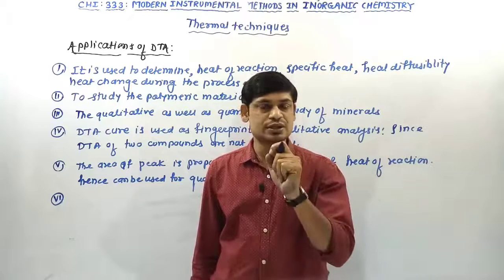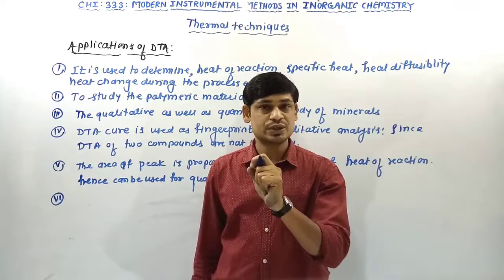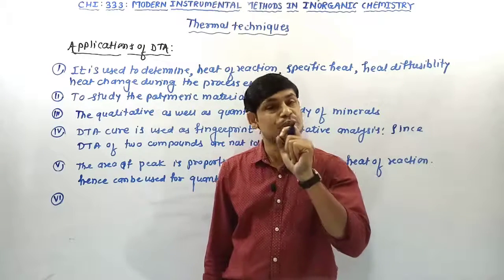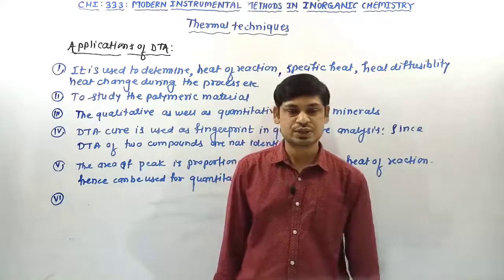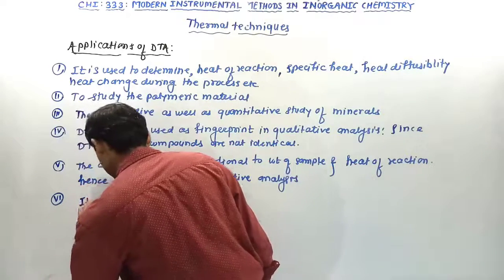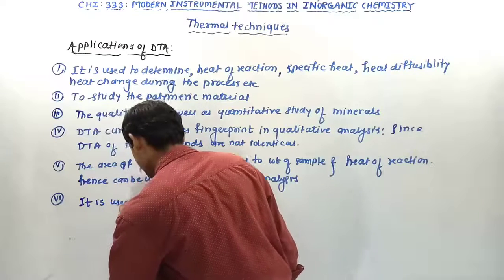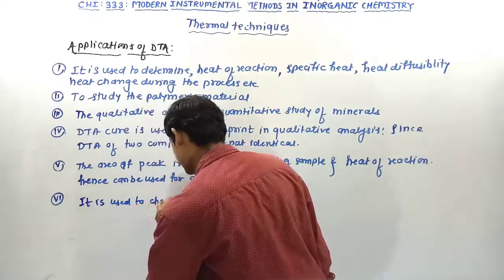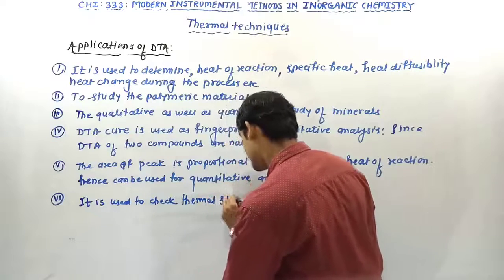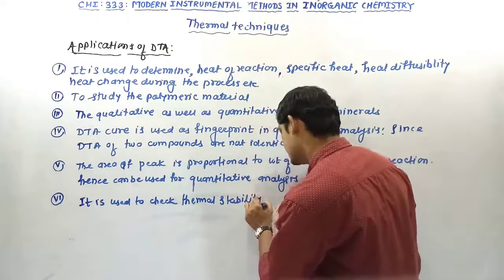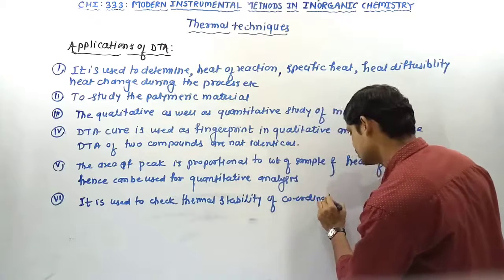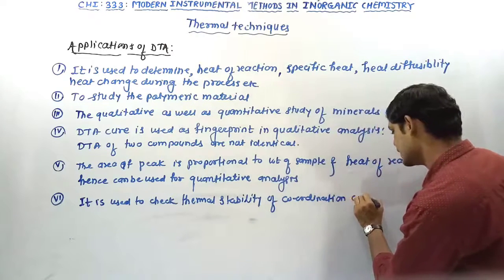So by using DTA we can check the ligands present in the coordination sphere.